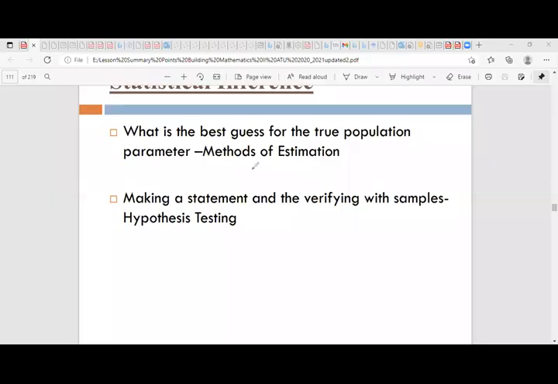Like I was saying, the one who decided to use a single value of 90,000 is doing what we call point estimation.